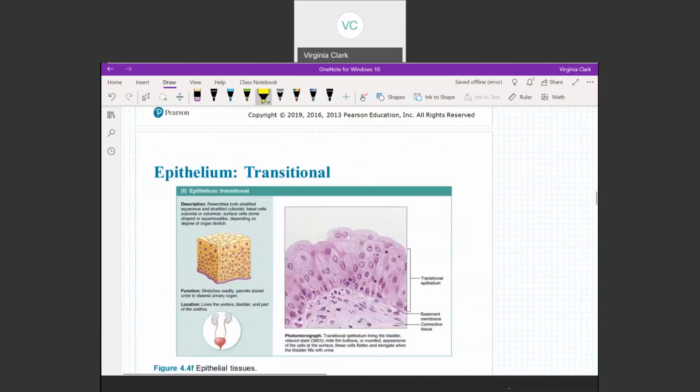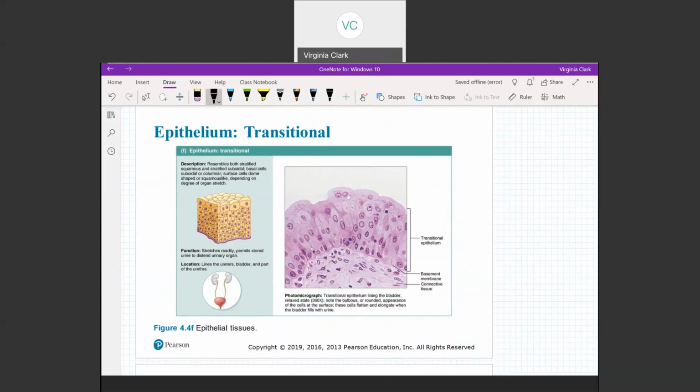Another one you've got is going to be transitional. So transitional is a little bit different. It is also going to be a stratified squamous. However, this is found in places where your body needs the ability to stretch or slide. So here is going to be my cells that are all put together in some really flat layered way. But what you can get is all of these nicely put in a line, stretched out so you can increase the area.